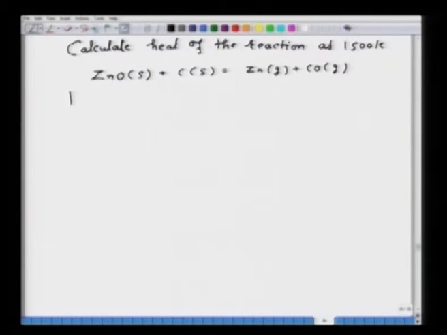I am giving heat contents H 1500 minus H 298 for ZnO solid, that is equal to 14800 kilocalorie per kg mole.